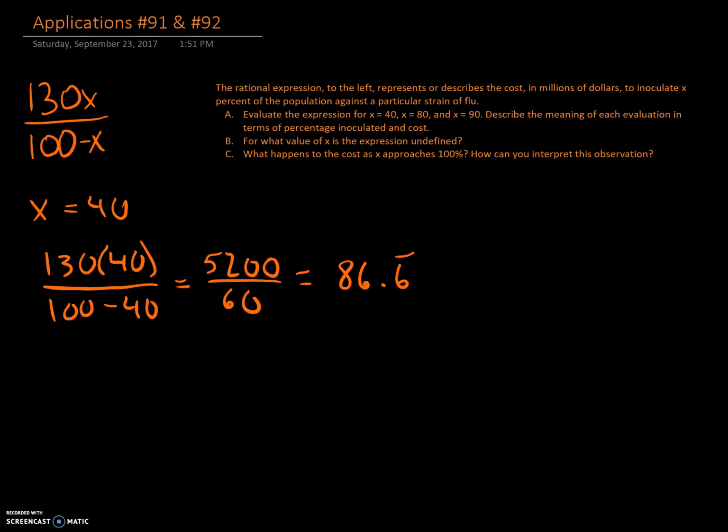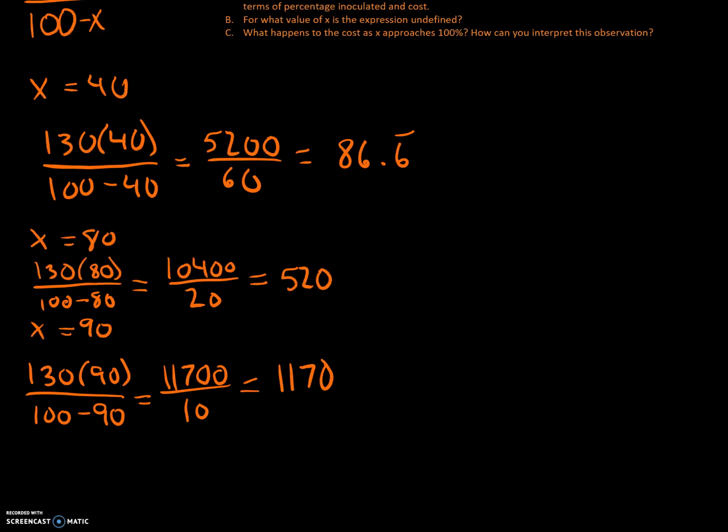And then you can do x equals 80, and then x equals 90. Pause it and complete those evaluations. If you completed those evaluations, you should come up with 520, and that's a million.